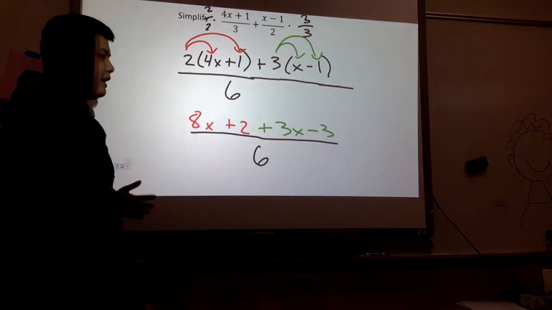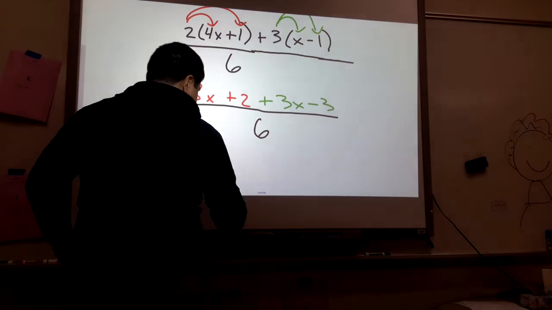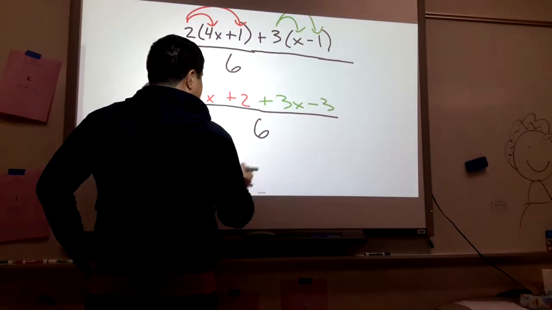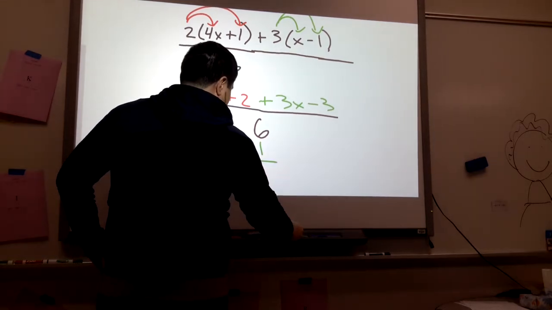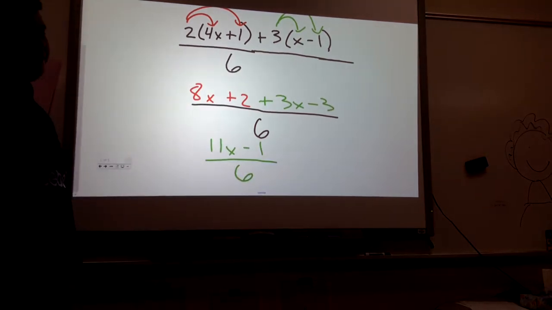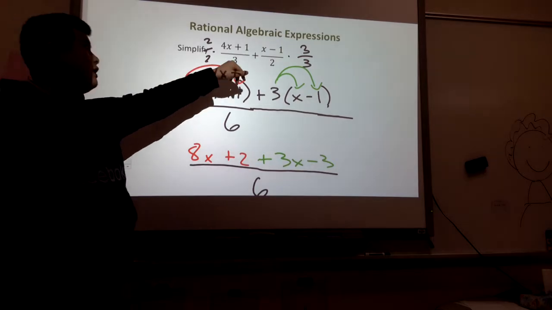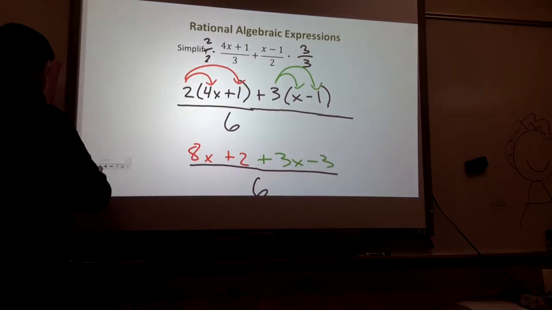Once we do that, we combine like terms. 8 plus 3 is 11. 2 minus 3 is negative 1. All over 6. Okay. This one was a little bit easier than some of the ones we'll uncover because it's easier to do it with addition than subtraction. So let's try one with subtraction.